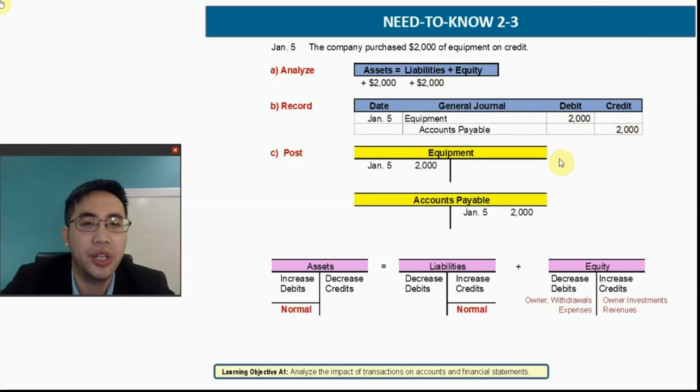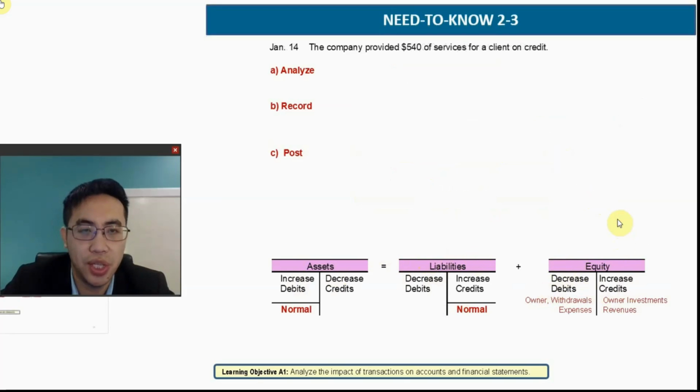Then in the general ledger, you will see equipment got affected, a 2,000 debit, and accounts payable got affected, a 2,000 credit. We always use this basic accounting principle. I have mentioned it multiple times in our previous example in the PowerPoint and in our Excel practice, so this is something you always have to remember.